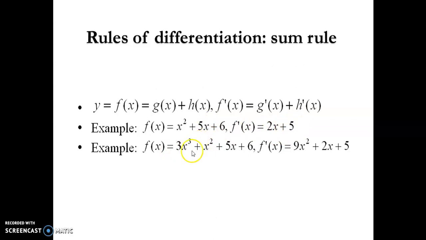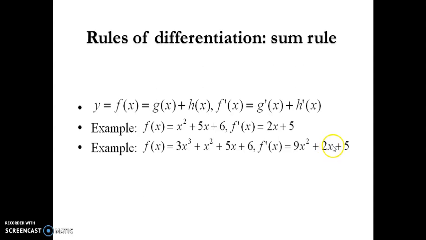And here's another example. Here we have 3x cubed plus x squared plus 5x plus 6. Hence the first order derivative is going to be 3 times 3 is 9. X raised to the power of 3 minus 1 would give you 2. Here we have 2x, because we bring the 2 down, multiplied by the coefficient, which is 1, times x, and that becomes 2 minus 1.